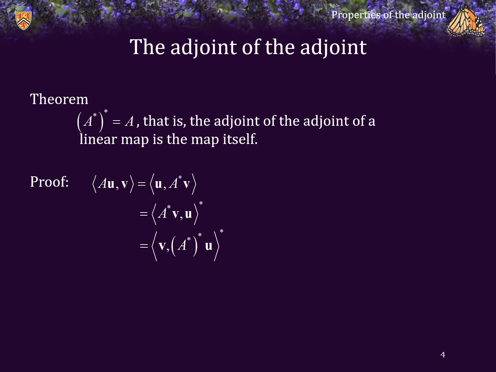Now, using the properties of the inner product again, we get that the inner product of the adjoint of the adjoint of A multiplied by u and v must be equal to the inner product of A times u and v for all vectors u and v. Therefore, those two linear maps must be equal.